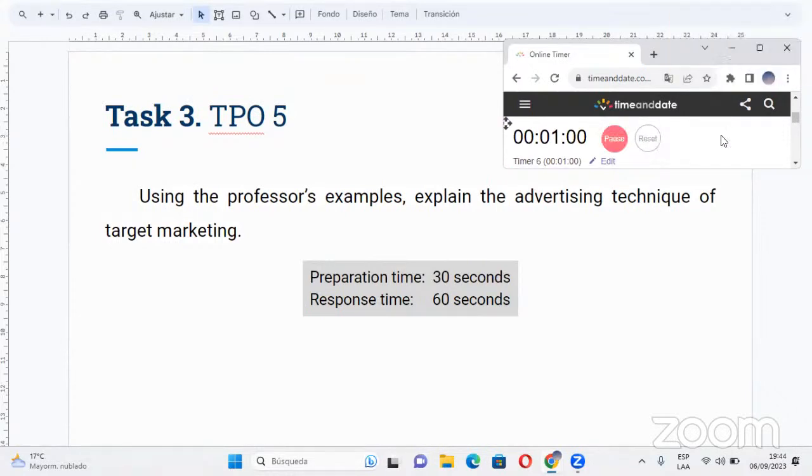According to the passage, target marketing is defined as a strategy to a very specific audience. In the lecture, the professor gives the example of a phone commercial.